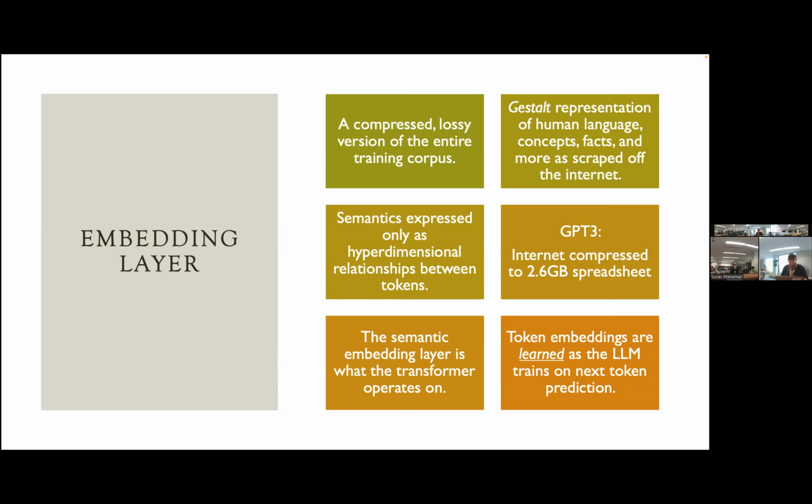And this semantic embedding layer is what at least the first layer of your self-attention mechanisms works on directly. Those token embeddings are learned in the process of training your LLM to do something else, for example, next token prediction. To optimize that, it will require tuning your embedding layer so that those semantic vectors end up getting aligned correctly.